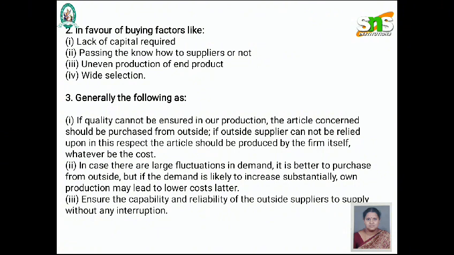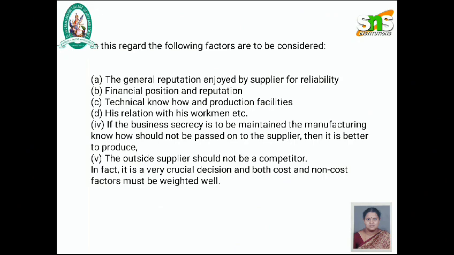Ensure the capability and reliability of the outside suppliers to supply without any interruption. In this regard, the following factors are to be considered: the general reputation enjoyed by suppliers for reliability, financial position, technical know-how and product facilities, and his relationship with his workmen.